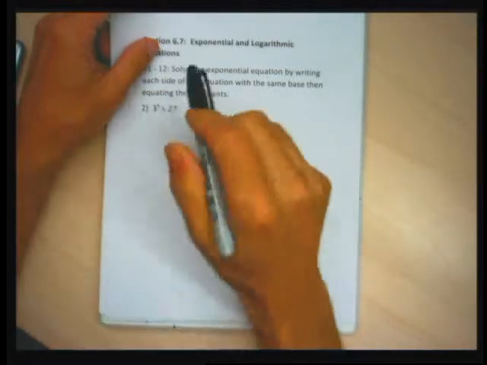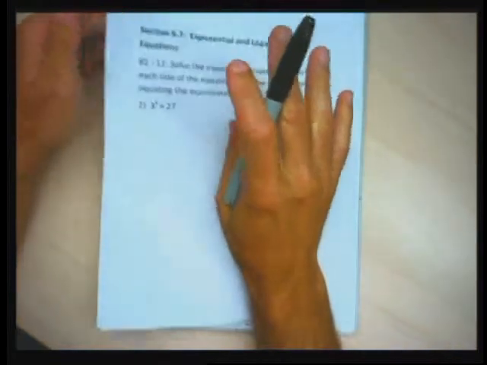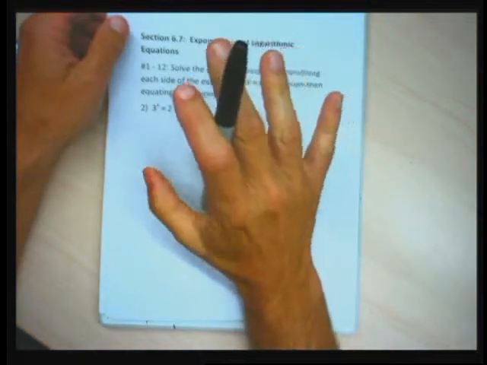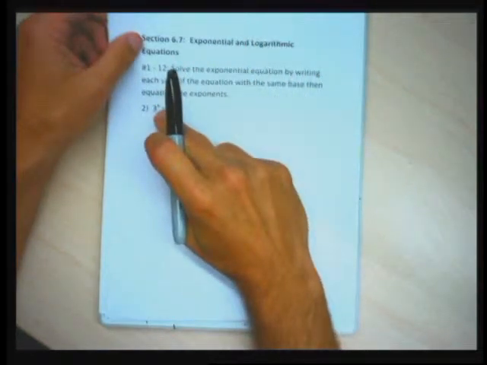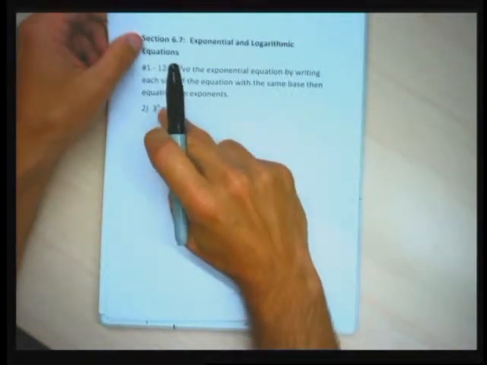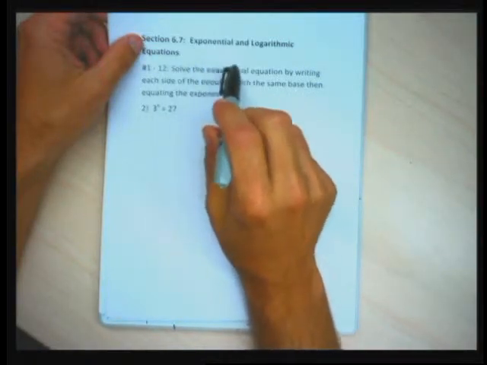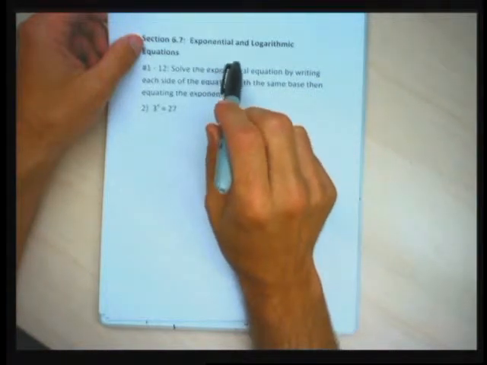I'm going to go ahead and solve all problems between 1 and 24 using logarithms because that strategy will work 100% of the time. If there's an x written in an exponent of a problem that has an equal sign, you can solve with logarithms. For the first 12 problems, I'll also show you the other strategy.